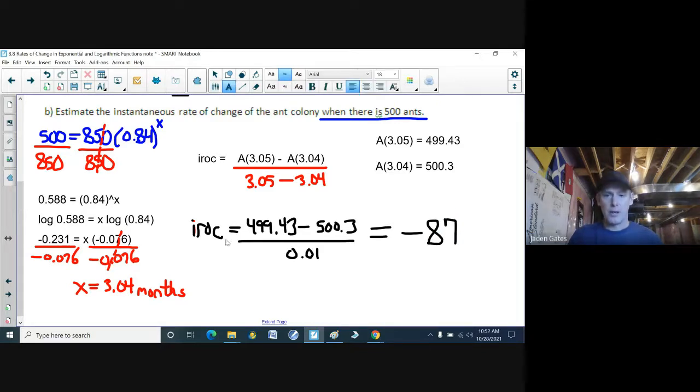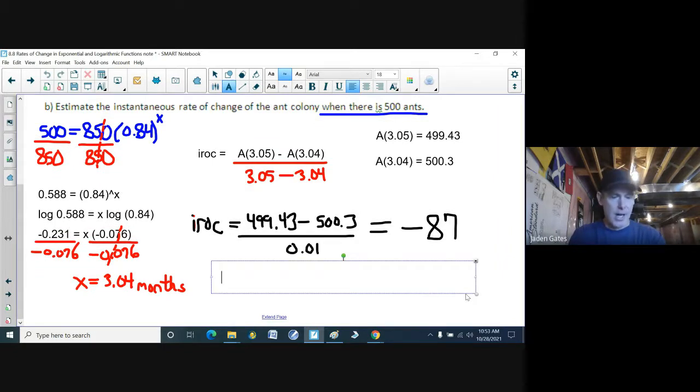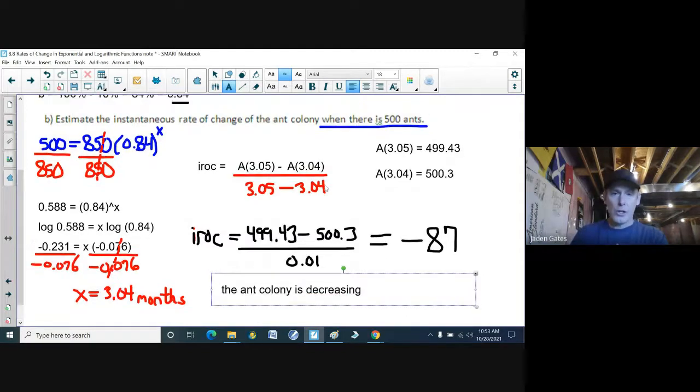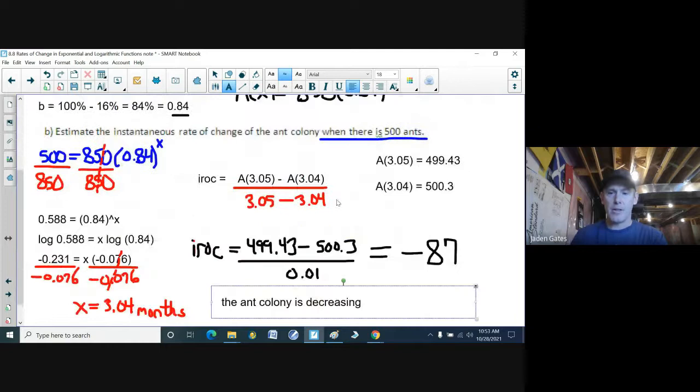So what is that saying? That the ant colony is, and again, this is a negative sign, so it is decreasing, which we already knew in the question. It's decreasing at a rate of 16% a month.